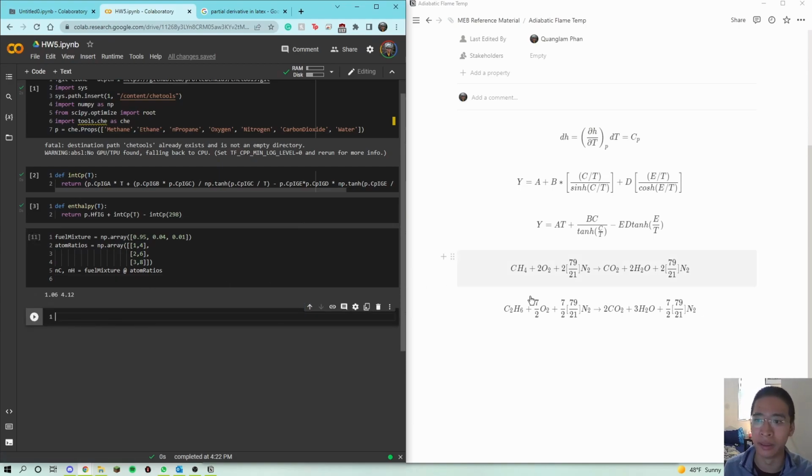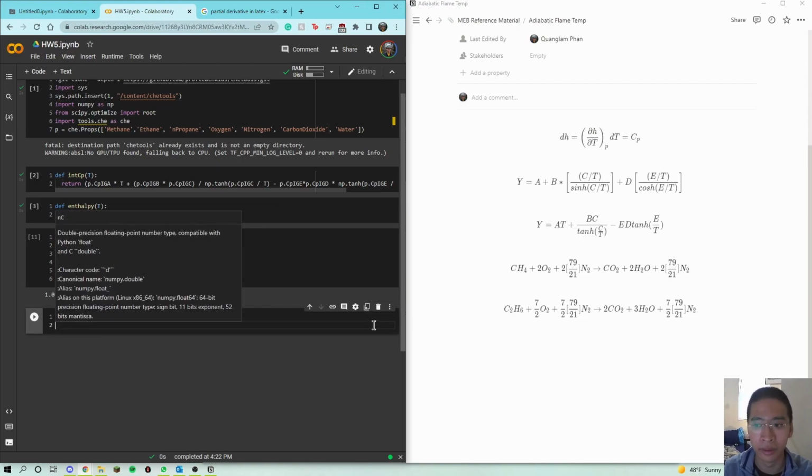Starting most simply with carbon dioxide. What do you notice? For every carbon there is 1 carbon dioxide. Every 2 carbon, there is 2 carbon dioxide. So the coefficient of carbon dioxide is very simply the coefficient of carbon.